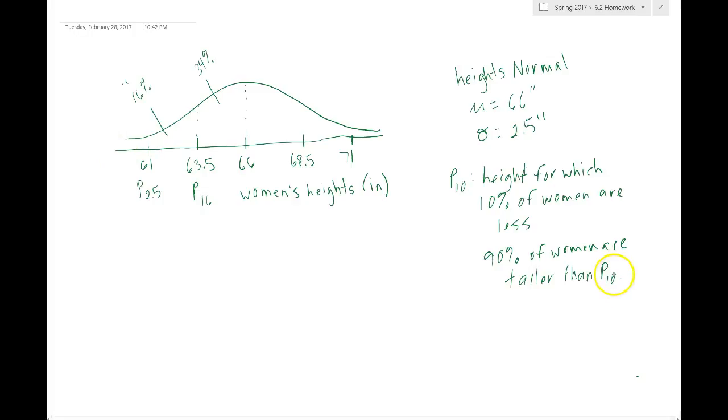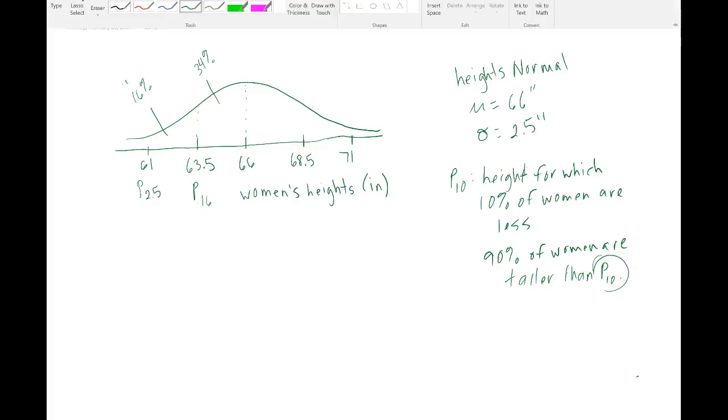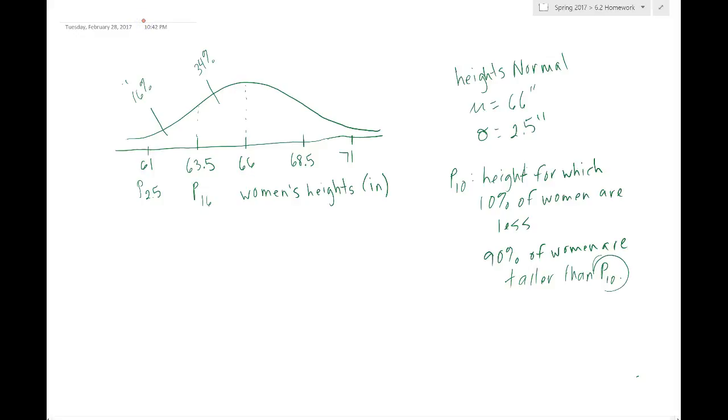So if they're looking for the 10th percentile, I'm going to mark it here in red, my 10th percentile is going to be between the 2.5th percentile and the 16th percentile. So I'm looking for a height that is somewhere in there.